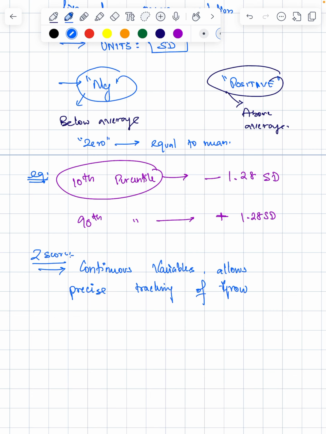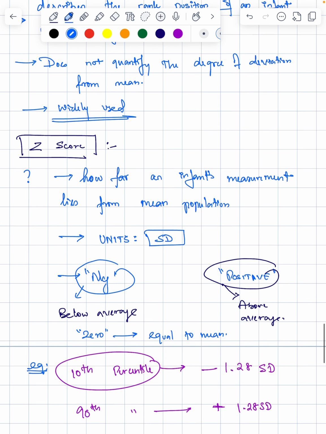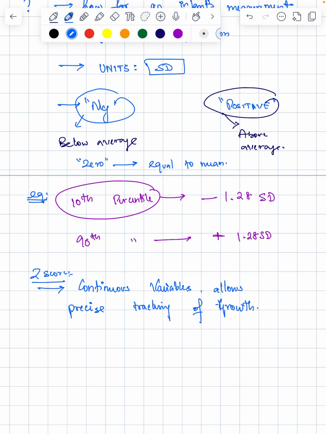It also quantifies the difference in severity. So this is regarding percentiles and Z score. It is a very short and very important question for your university exam. I have made only the important points which you can remember while writing your university exam question.